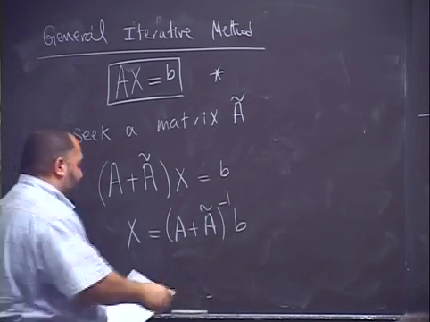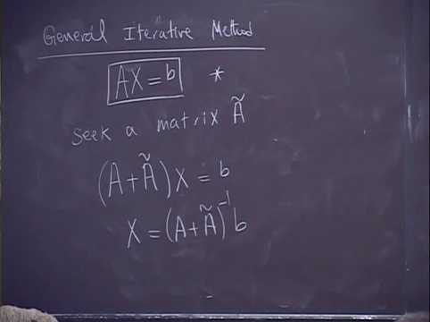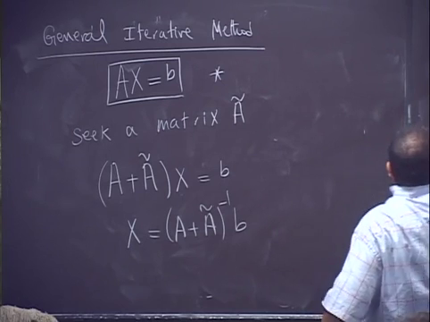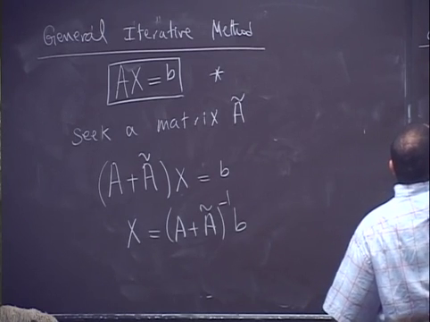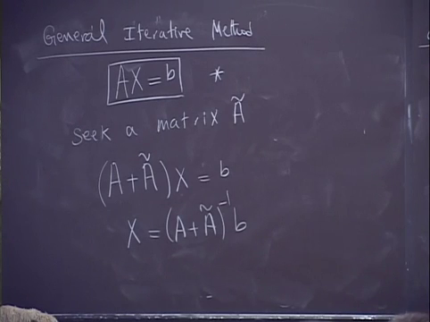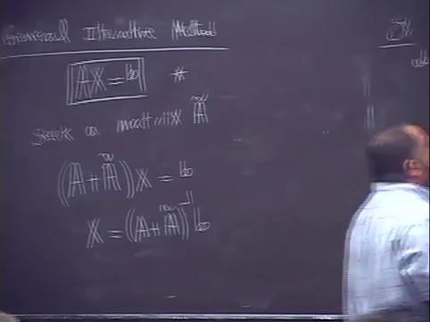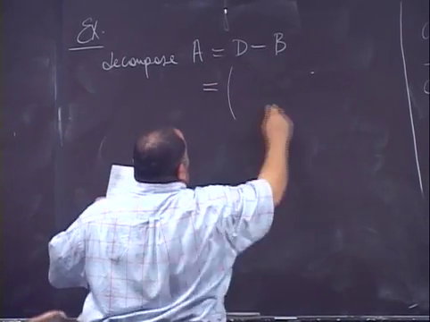To give you an example that will clarify the idea behind choosing A tilde, suppose we decompose our matrix A into two components: a diagonal matrix and another matrix that does not have the diagonal but zeros there. So if we decompose A into D minus B, it is easy to do.